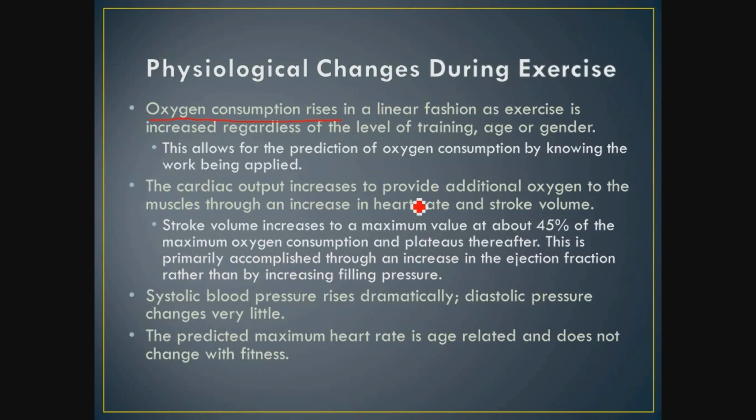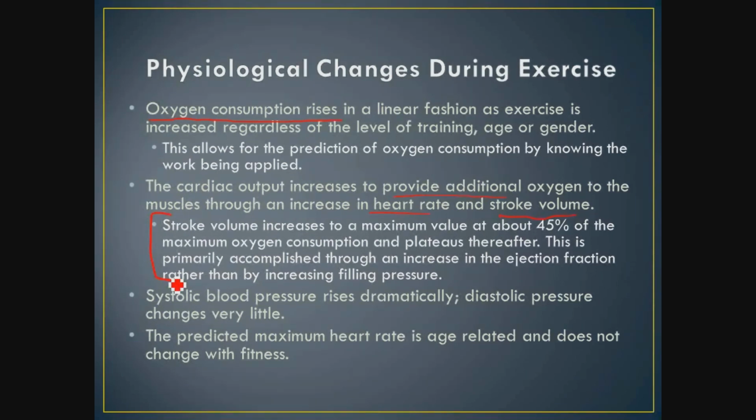The cardiac output also increases, and we see it both through an increase in heart rate and an increase in stroke volume, although at some point the stroke volume becomes limited. So with exercise, at some point, it's not so much determined by the stroke volume increasing to increase oxygen delivery. It's going to be the heart rate that is going to be increasing. We maximize the volume that we can pump out with each beat.